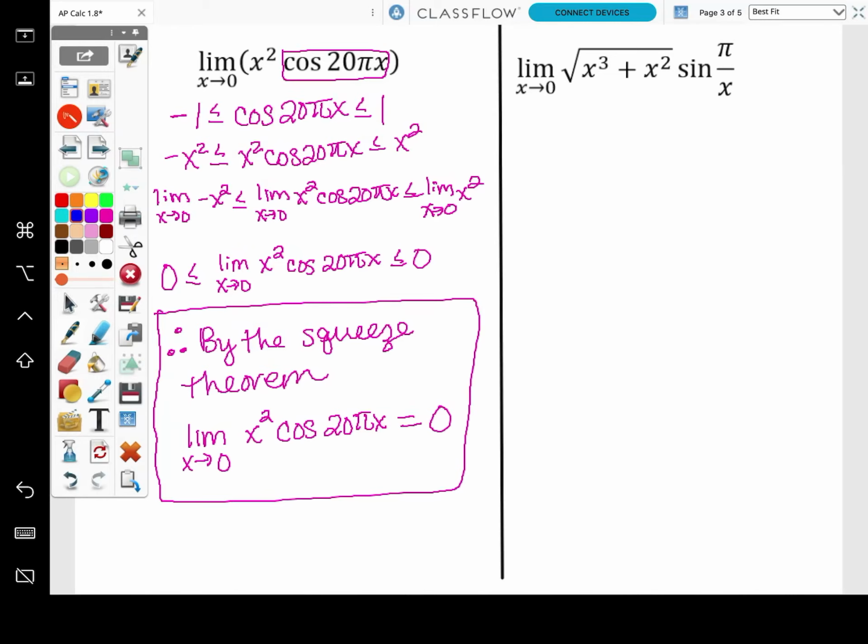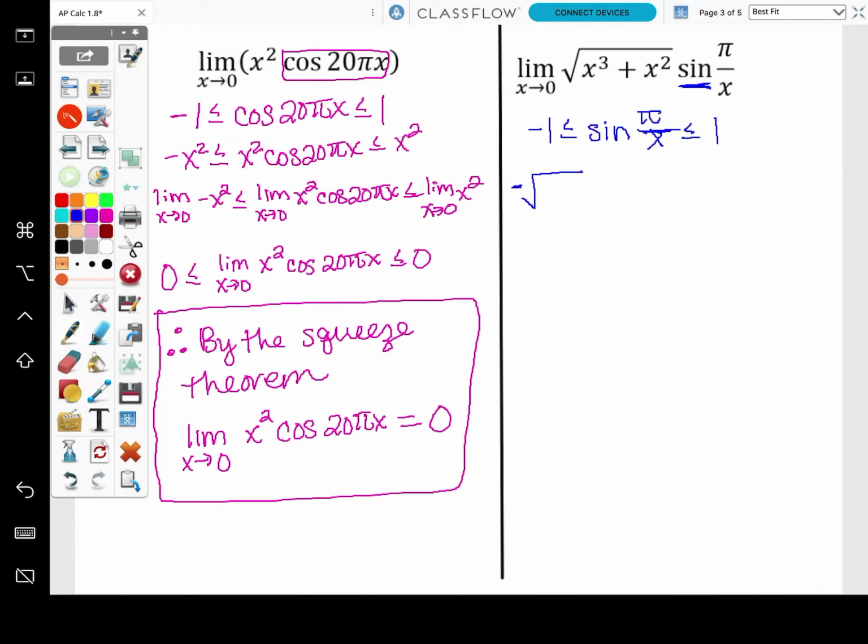Okay. This next one, same idea. We're starting with a sine. So we're going to squish or sandwich. Sometimes they call this the sandwich theorem. Sine of pi over x between negative 1 and 1. We're going to multiply by that radical.